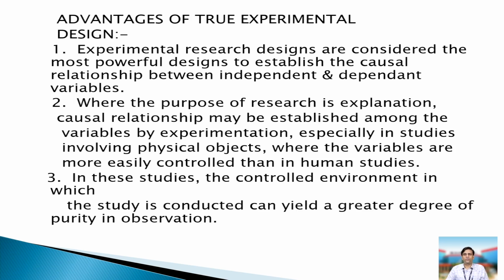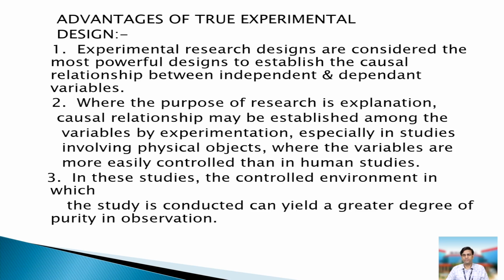Where the purpose of the research is explanation, causal relationship may be established among the variables by experimentation, especially in studies involving physical objects where the variables are more easily controlled than in human studies.